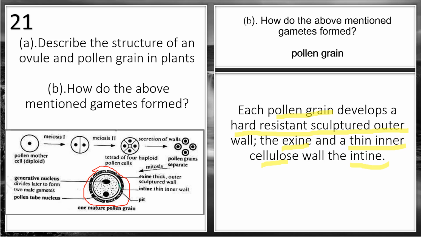That inner thin wall that you are seeing inside is the one that we call the intine, thin wall. Then we have that outside layer, which is very hard and sculptured. This membrane outside is what we call the exine, the thick outer sculptured wall.